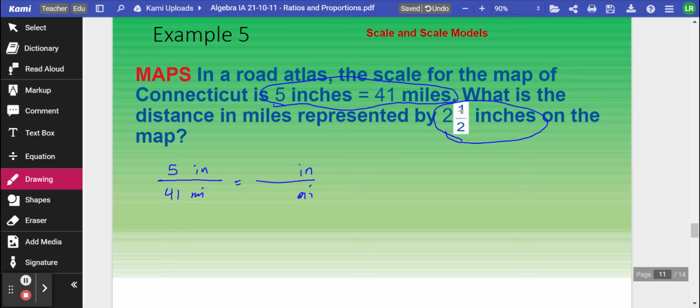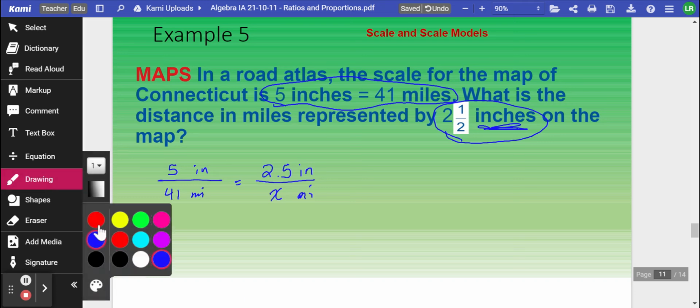Now, the one thing I would do for 2.5 is I would turn that into a decimal. It is inches, so it's going to go on top. 2.5 is 2.5. Then I would have my x here.